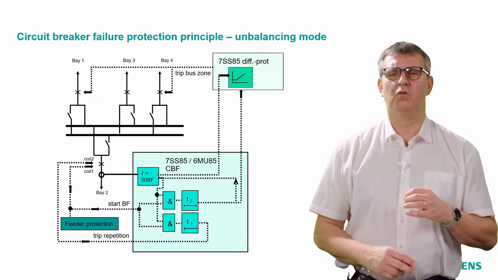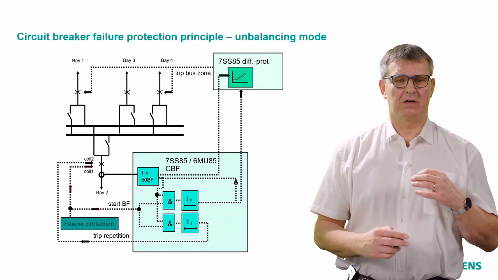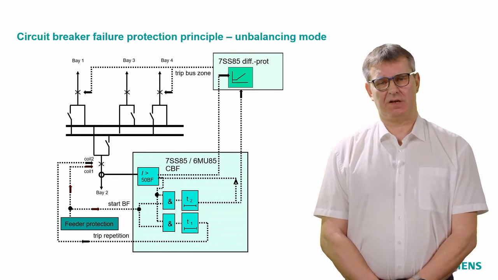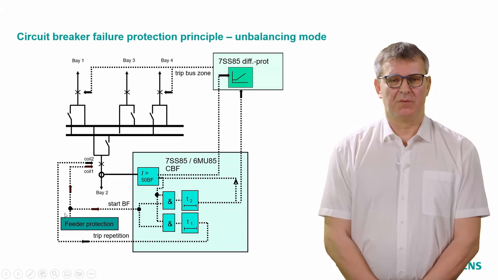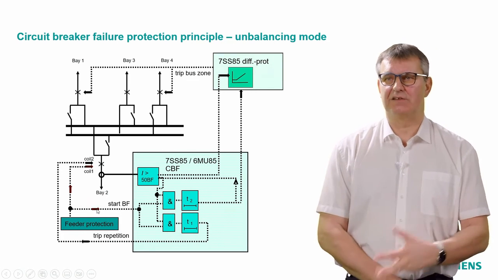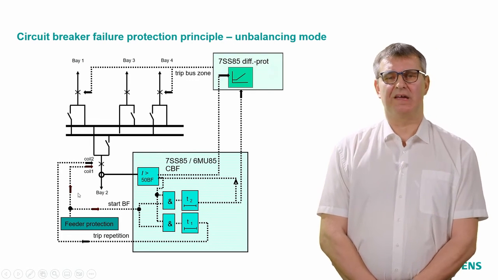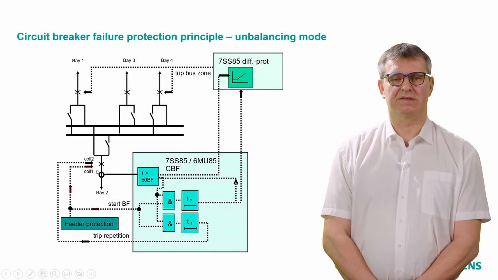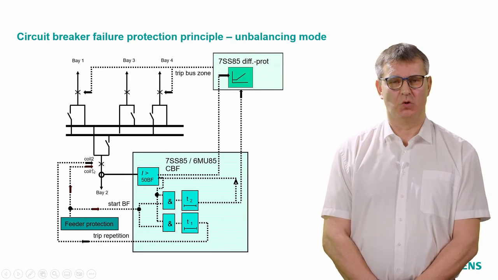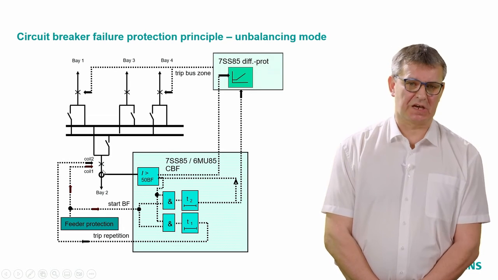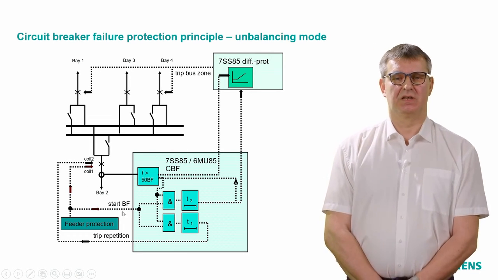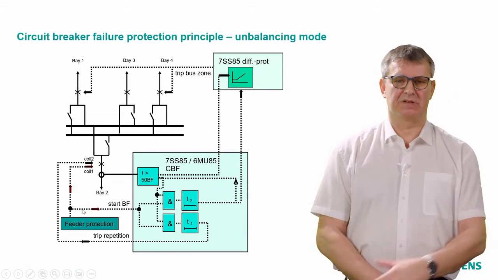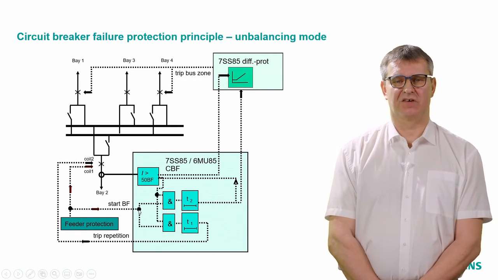We have once again a feeder protection device, line protection, transformer protection, anything else, which detects a fault and tries to trip the circuit breaker of bay 2. And once again, in parallel, it starts the circuit breaker failure protection in the merging unit, the 7SS85 circuit breaker failure protection function.